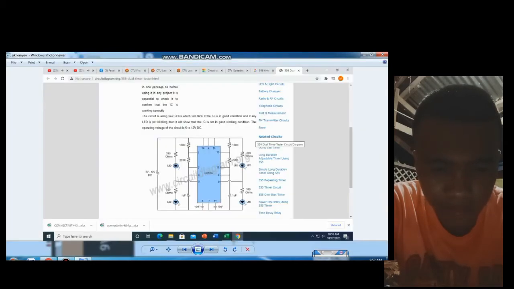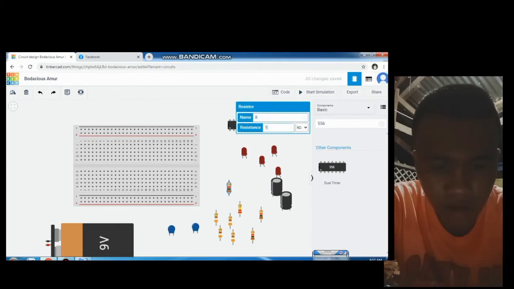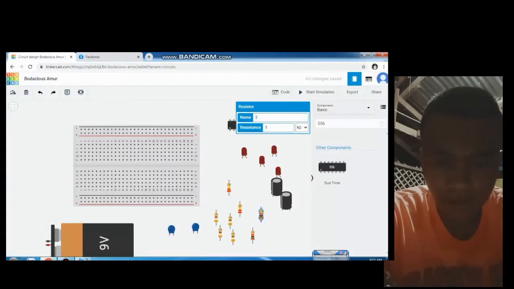Next is the 220 kilo ohms, the other one 220 kilo ohms. And the next is the 100 kilo ohms.